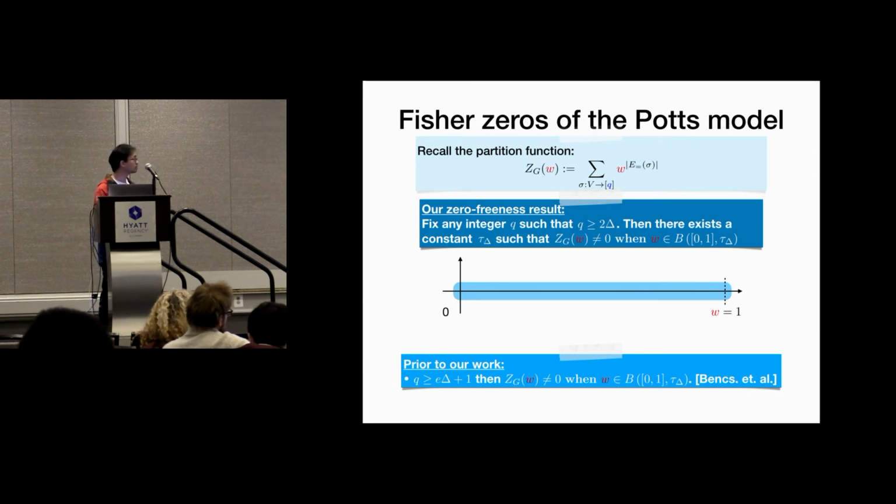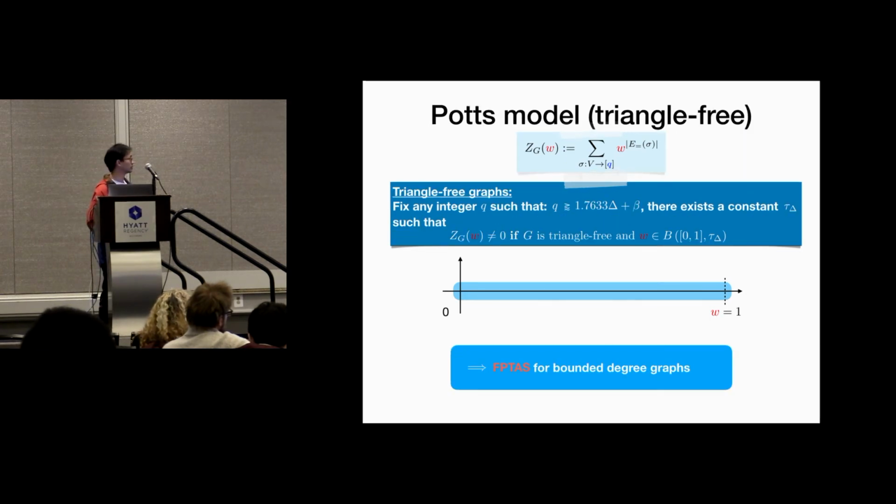Similarly, for triangle-free graphs, we show that when q is at least 1.76 delta, there's also a rectangular strip containing the interval 0 to 1 such that the partition function does not vanish. And based on this and the previous connection, the Barvinok interpolation method, this implies an FPTAS for bounded degree graphs.